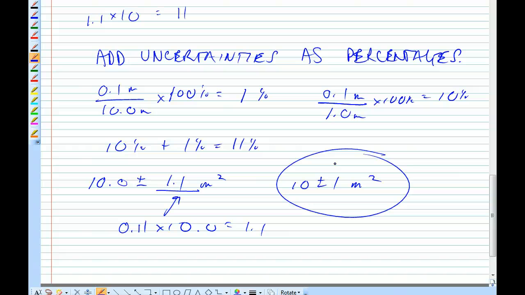And I actually know nothing about the tenths. So by showing you 10.0, I'm implying that I know something about that first decimal place when I really know nothing about it. This number right here could be anything from 0 through 9, that digit. Think about it. If my range is from 9 to 11, then this number could be anything from 0 through 9.